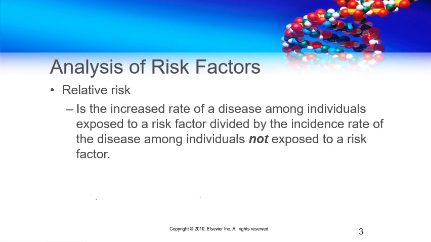The relative risk is the incidence rate of the individuals that were exposed to the risk factor divided by the incidence rate of those who were not exposed to the risk factor. I would make sure that I knew those three.